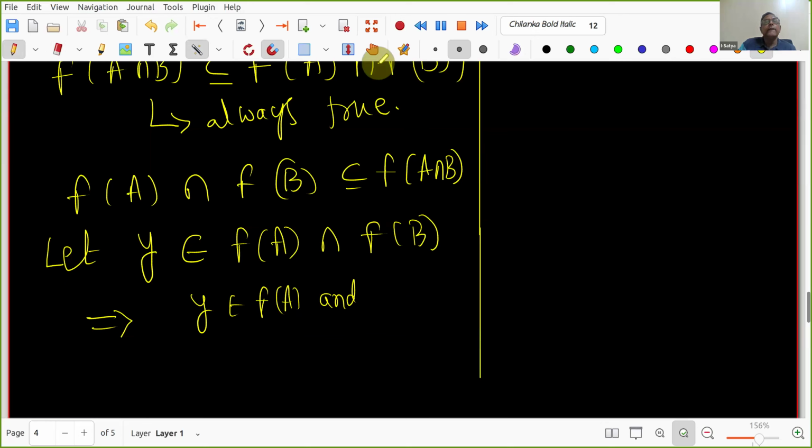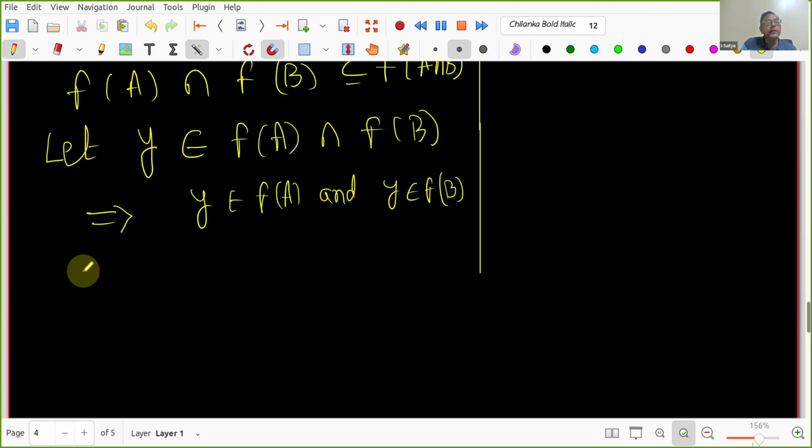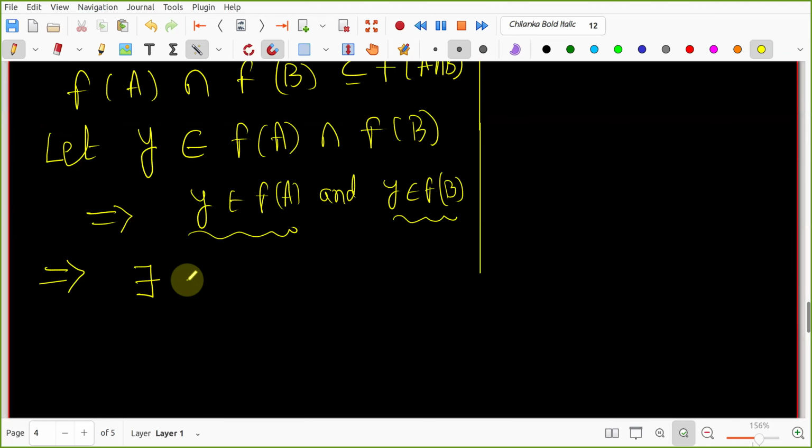Okay, next. Now you tell me. Then y belongs to f of A, meaning is what? And y belongs to f of A would mean that there exists a small a which belongs to capital A such that y is equal to f of a.